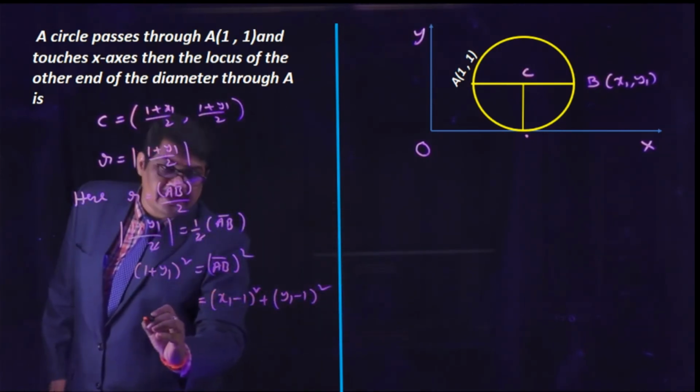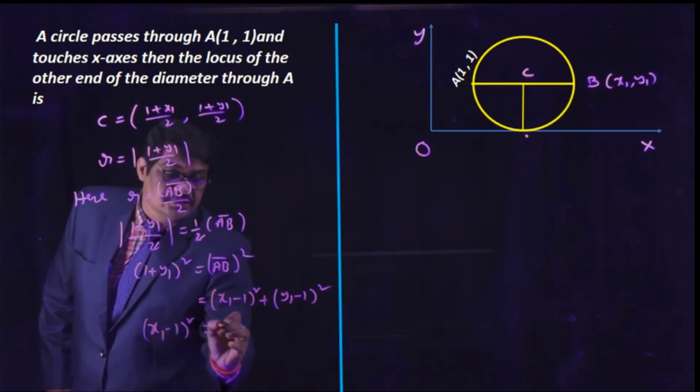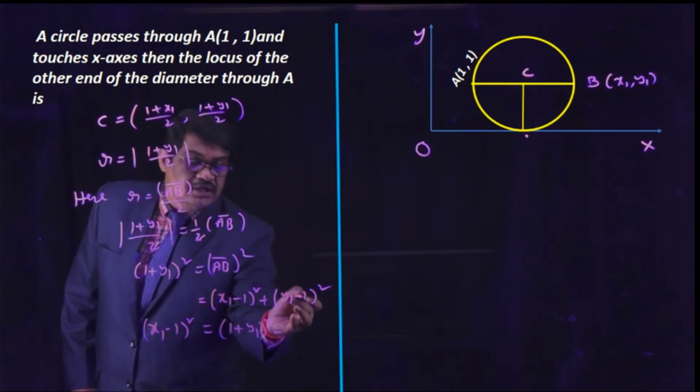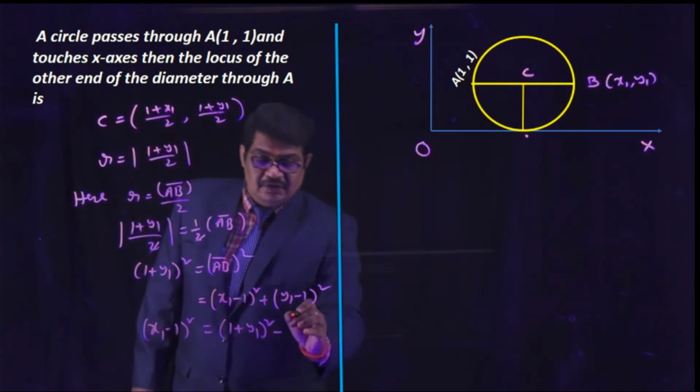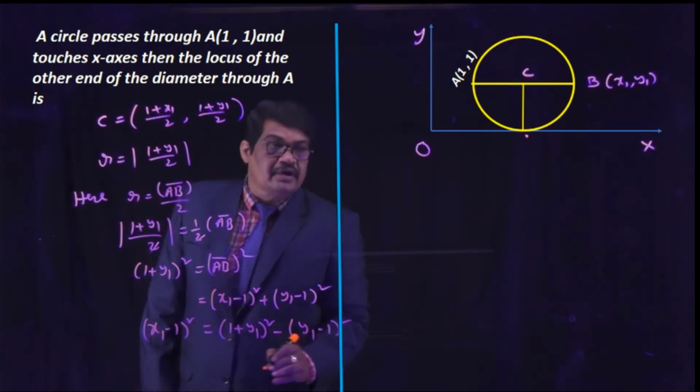From that we are writing here (x1 minus 1) whole square is equal to (1 plus y1) whole square. This term moves to the LHS, so we get minus (y1 minus 1) whole square.